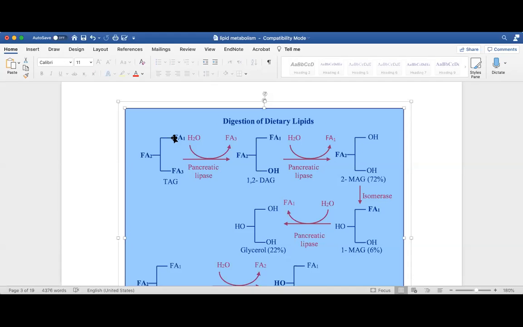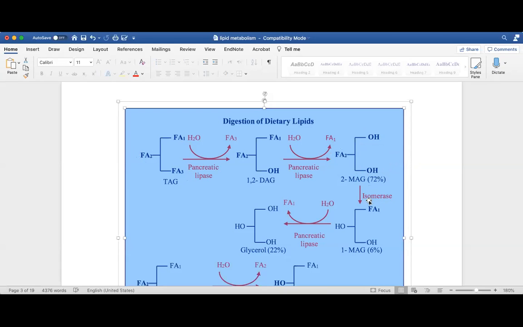This is position number 1, this is position number 2, this is position number 3. This means this is the first carbon atom, this is the second carbon atom, and this is the third carbon atom. You understand why this is position 1, 2, 3 according to the carbon atom.